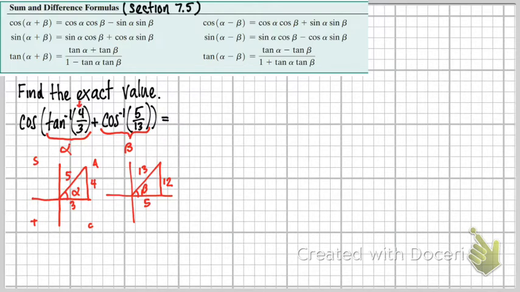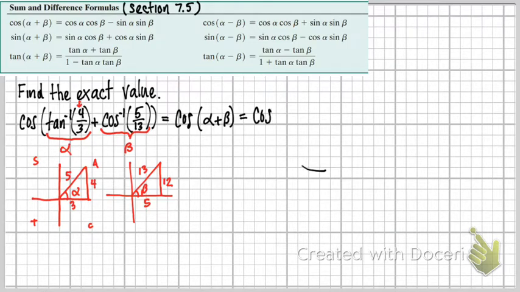So this is equal to, and I'm just going to write it out, cosine of alpha plus beta. And all I'm going to do is fill in what that formula does. So I'm going to look up top here, and we can see that it's this one here. So all we're going to do is write that in.